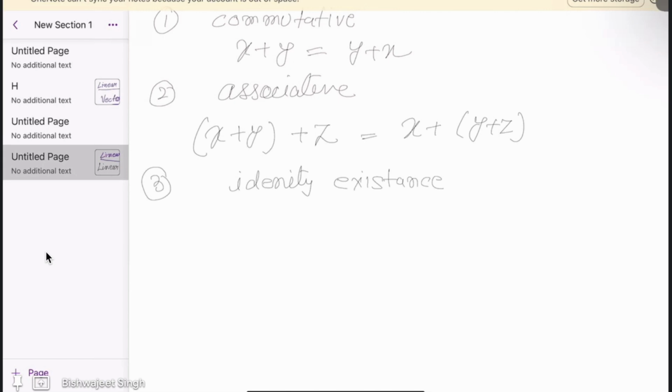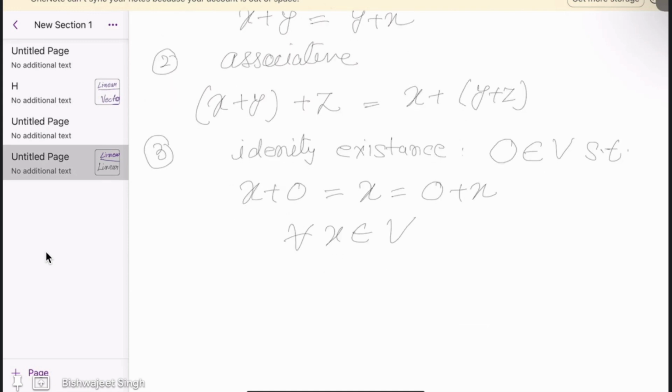So the identity existence says there is some element 0 that belongs to V such that x plus 0 is equal to x is equal to 0 plus x for all x belonging to V. If some element satisfies this property, we call it the identity element, and generally the identity element is denoted by 0.